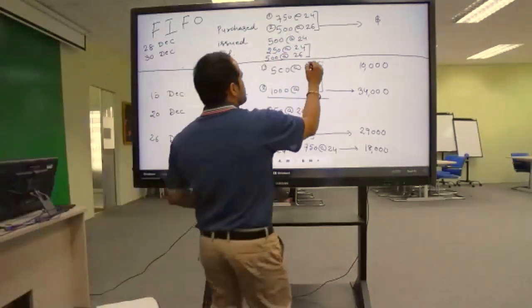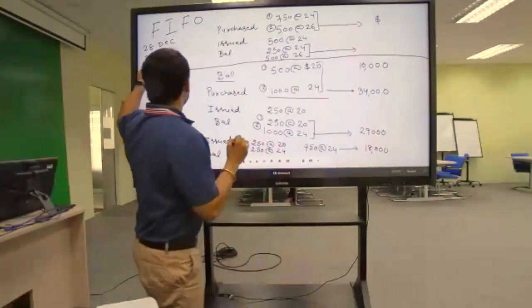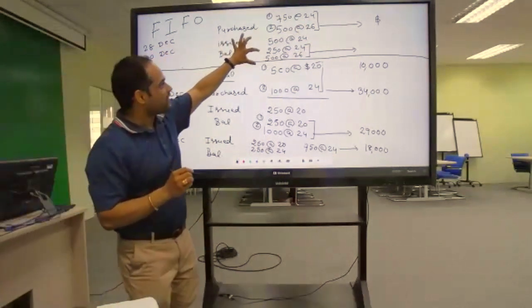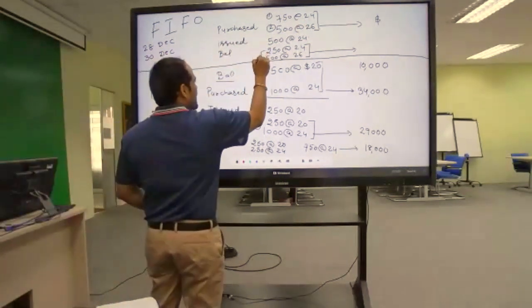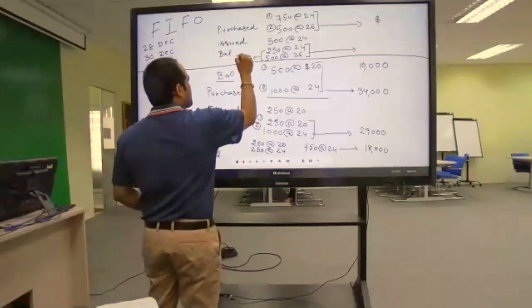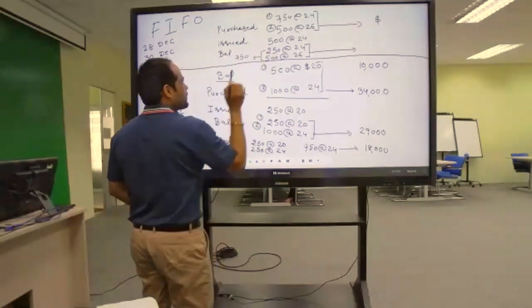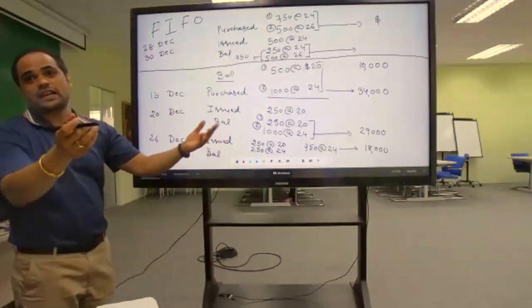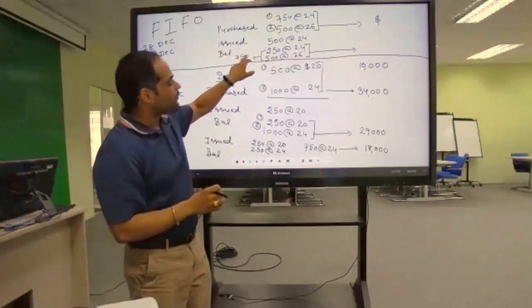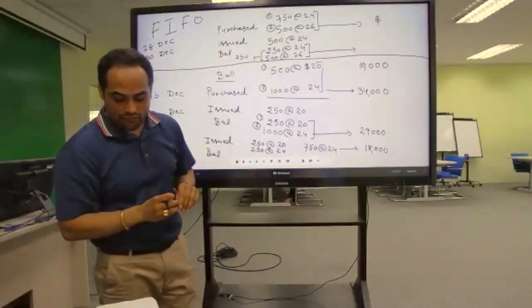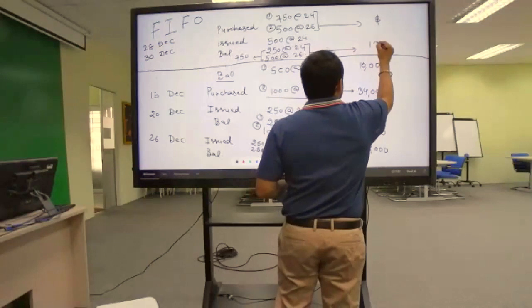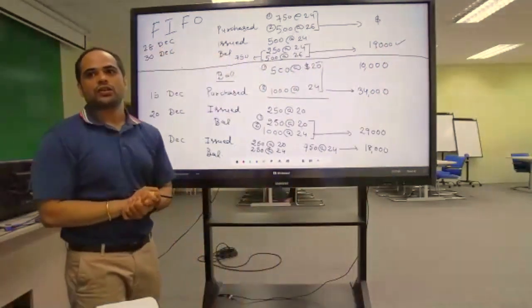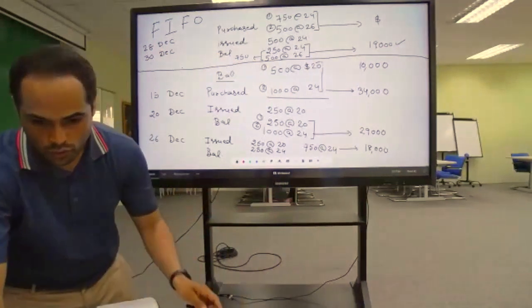So the value on 30th December, or the next day, 31st of December, of this 750 will be 19,000. And that is your answer.